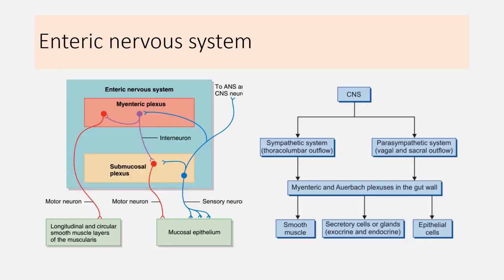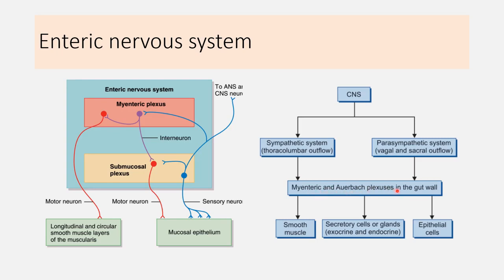Let us summarize innervation of the gastrointestinal system by the enteric nervous system. The enteric nervous system is composed of intrinsic innervation and extrinsic innervation. Intrinsic innervation is by the myenteric plexus and submucosal plexus. The myenteric plexus controls movement and tone of the gastrointestinal tract, and the submucosal plexus controls secretomotor activity of the gastrointestinal tract.